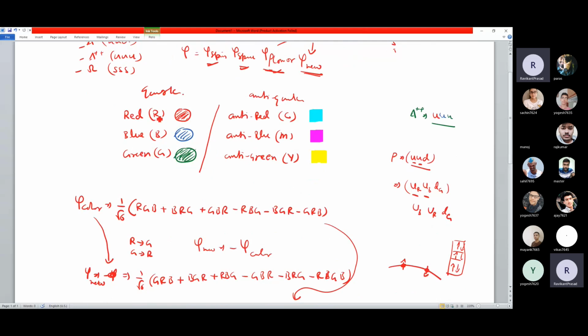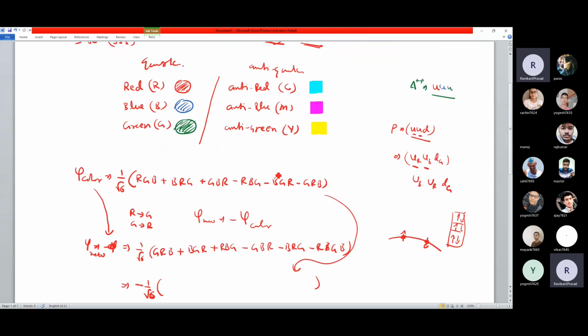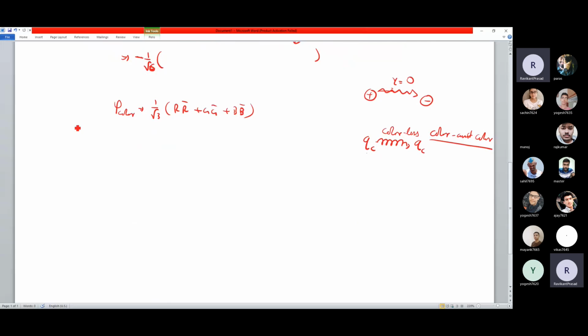How many gluons are possible? Red can combine with these three anti-colors, blue can with these three anti-colors, and green can with these three anti-colors. So in total, how many possibilities are there? How many gluons can we have?